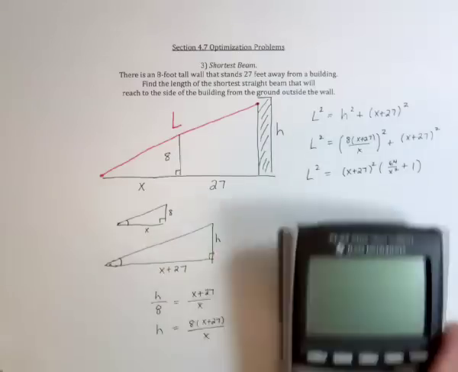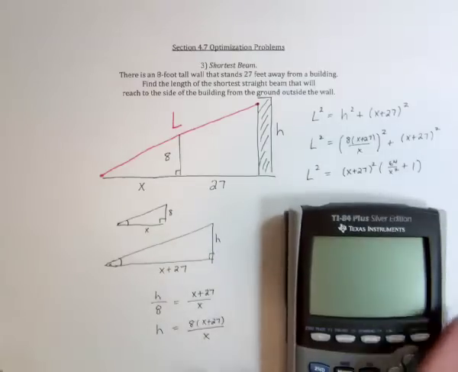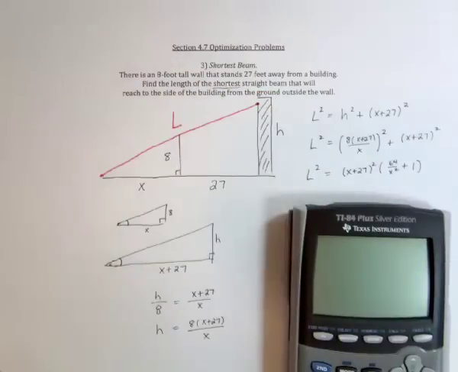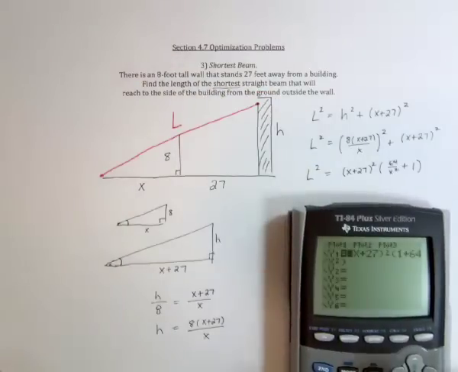And then the next thing to do is take a look at the graph and see we're being asked for a minimum. So see if this thing even has a minimum. So there's the function. And then if you change the window to 0 to 25, and perhaps this doesn't need to be 20,000, let me try 2,000.